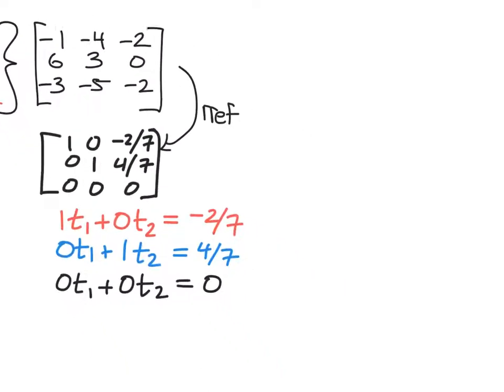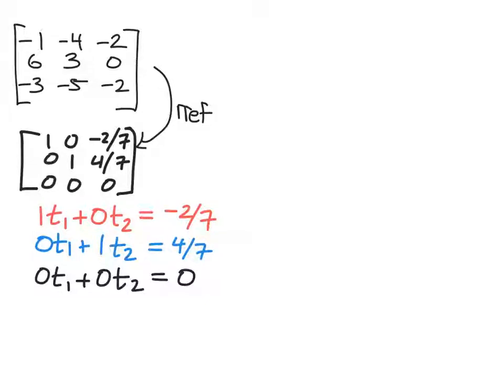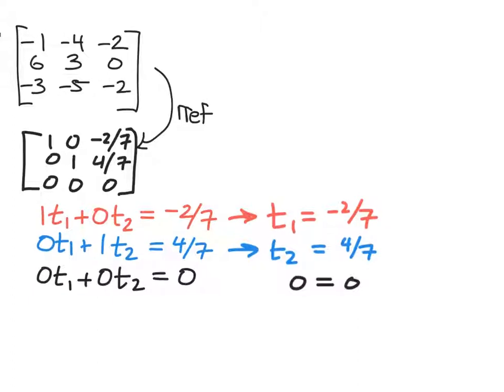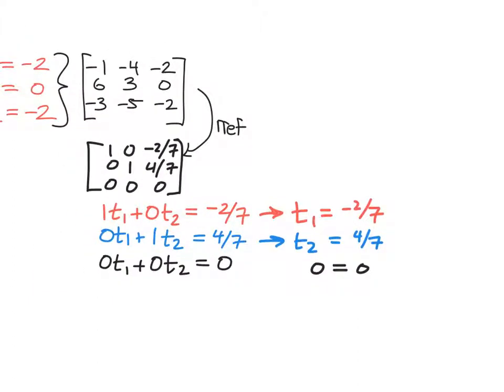All right, so if you clean that up a little bit, you get the relevant pieces, which tells me that T1 is equal to negative 2/7. T2 is equal to 4/7. And then the last thing is saying that 0 is equal to 0. All right, cool. 0 is equal to 0.